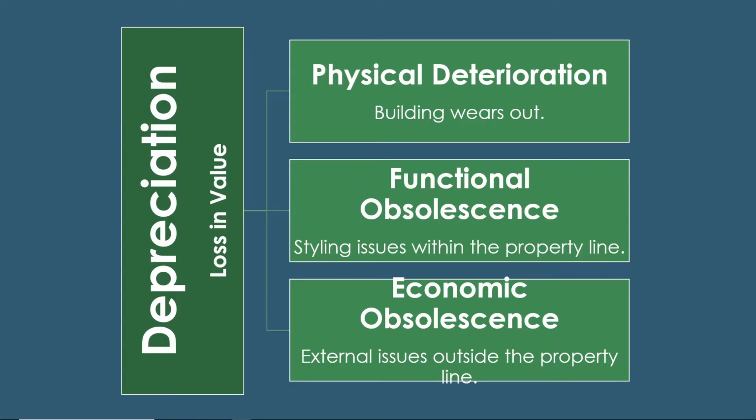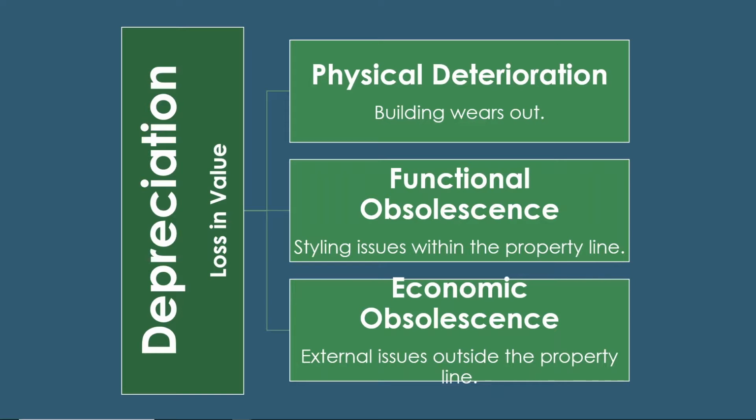Whereas then we have functional obsolescence. This is just a fancy way of saying, hey, what's happening within your property line that is like a styling issue? These are really hard to fix usually, a little bit more challenging than physical deterioration. An example of functional obsolescence is, for instance, you only have one bathroom and most everybody around you in the neighborhood has two bathrooms.